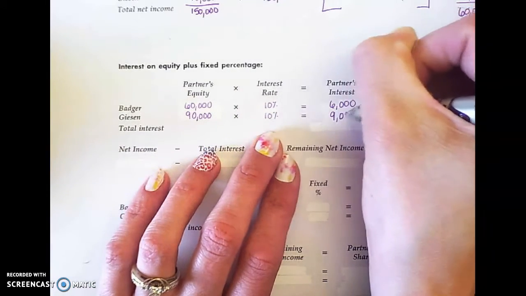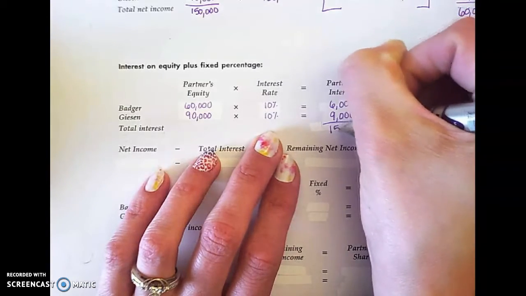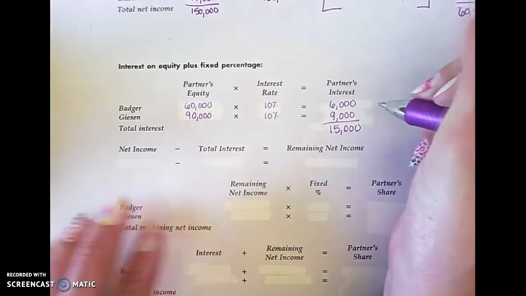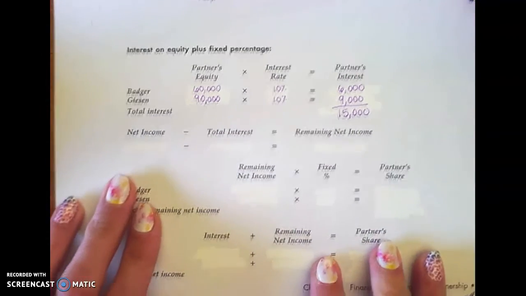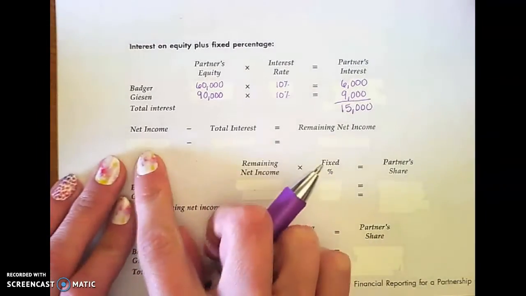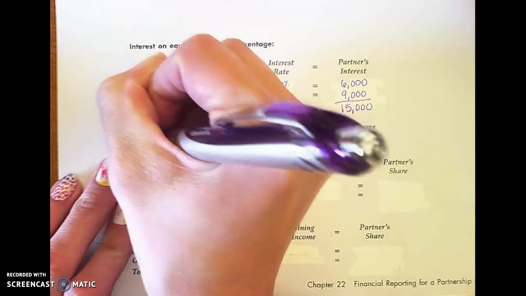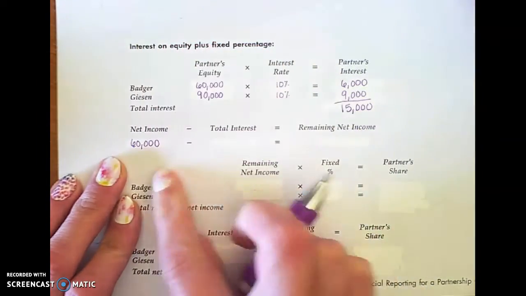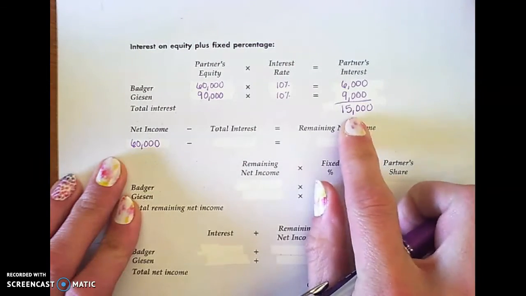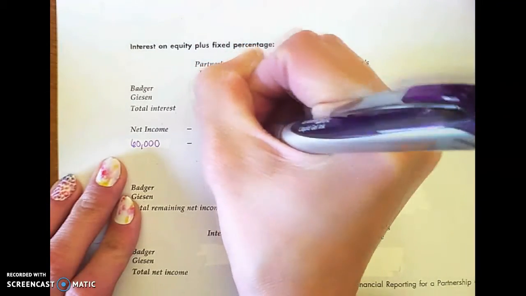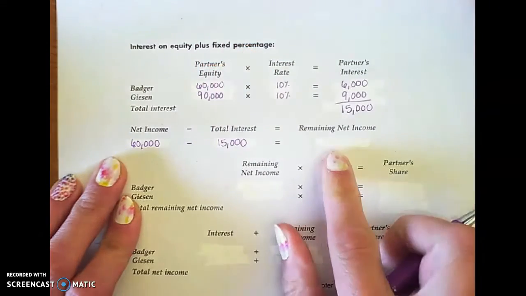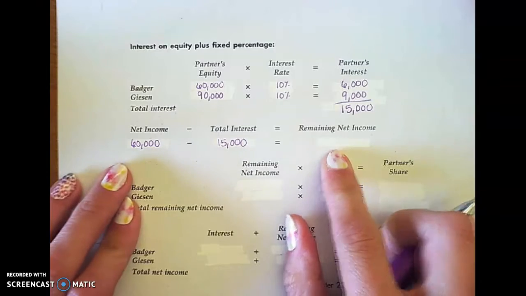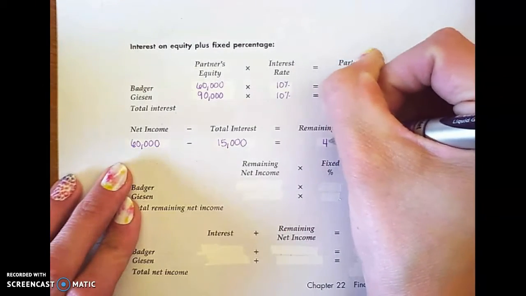So our total interest will then be 15,000. The next step in this is we need to take our net income, which was 60,000, and subtract the total interest, which is 15,000. So the remaining net income that is left over after all of that will be 45,000.